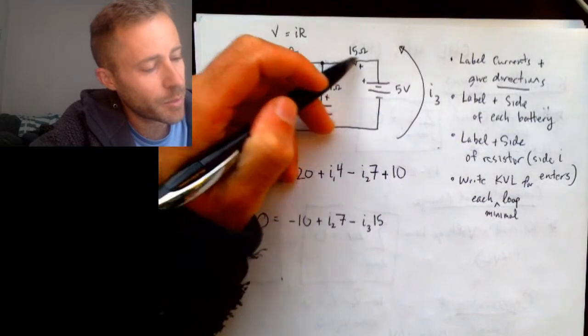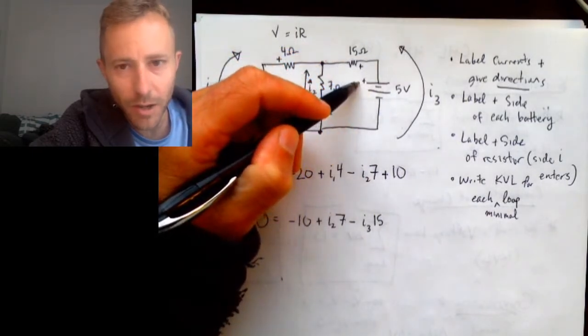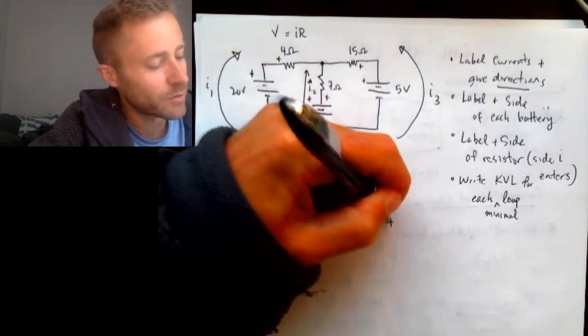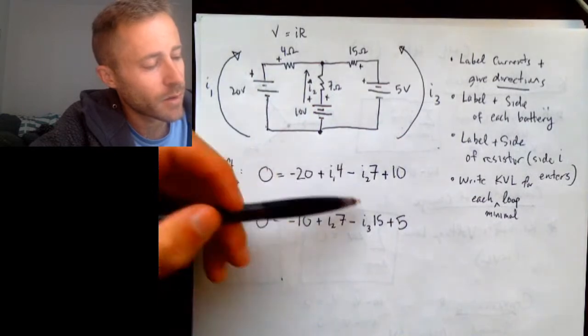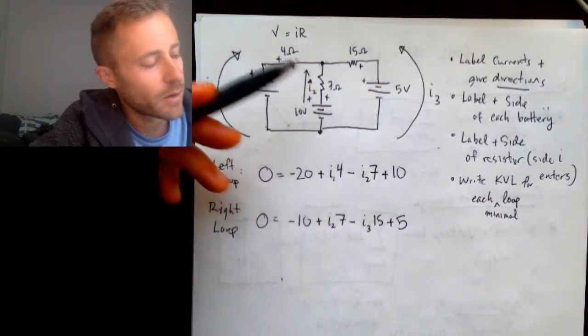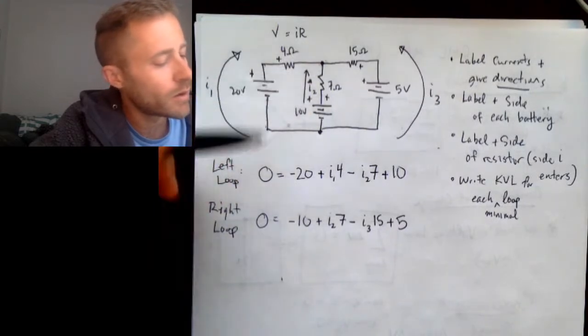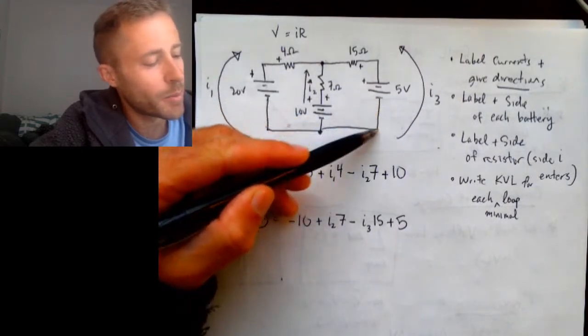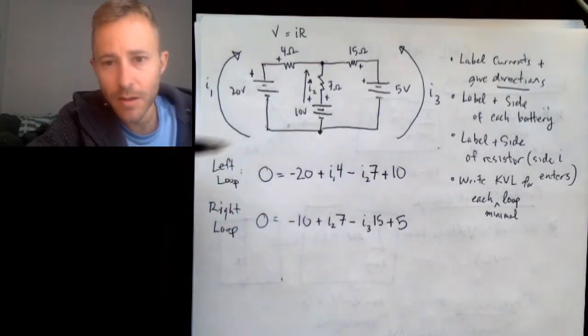Then I go, and I have run into the positive terminal of the 5-volt battery. Okay. And then I go, and I come back. I completed my loop. Okay?